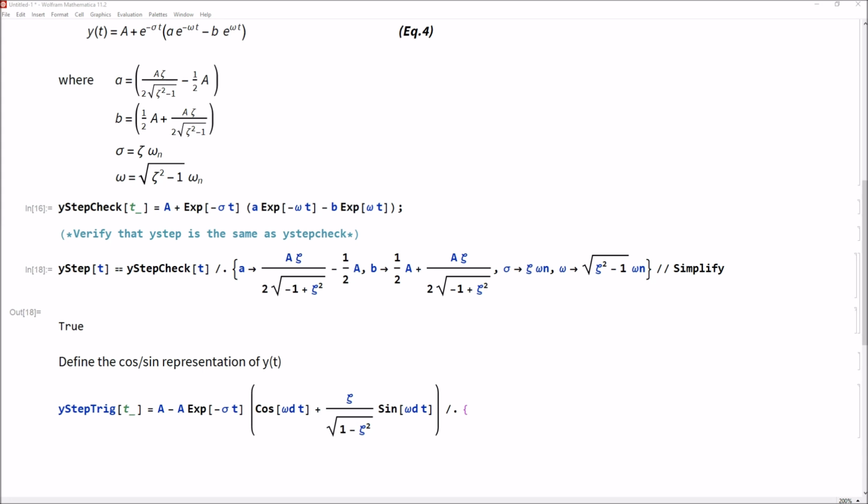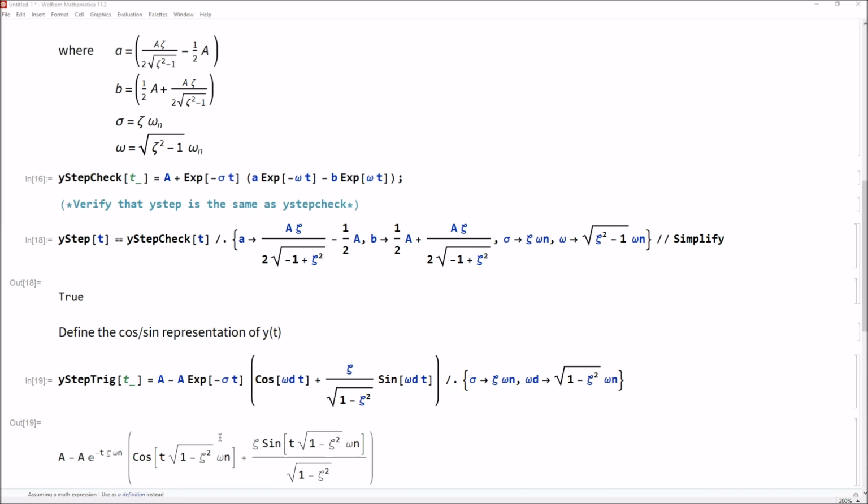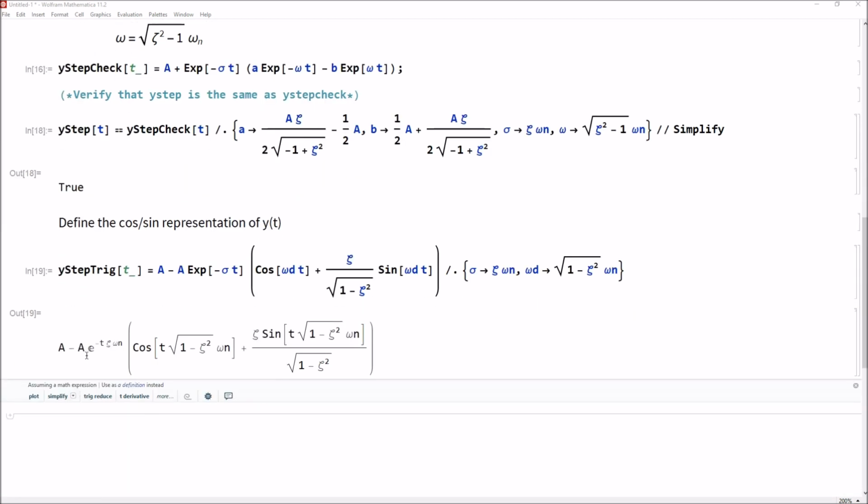We said that sigma was the product of zeta times omega n, and omega d was the square root of 1 minus zeta squared times omega n. Okay, so here's our candidate solution.